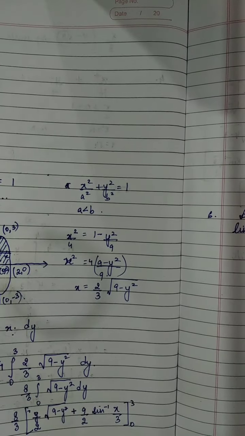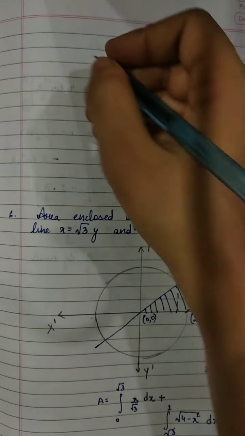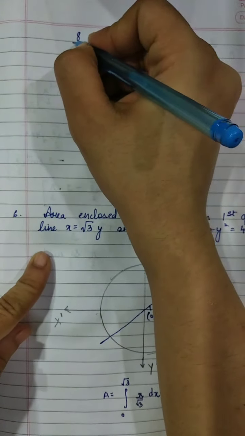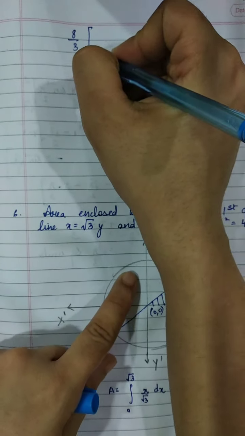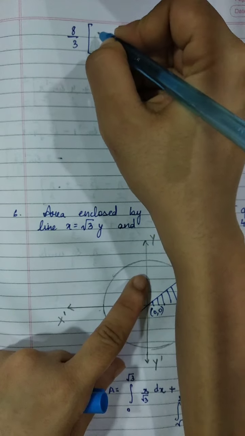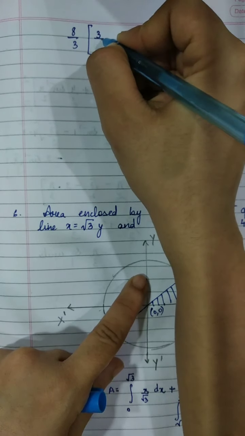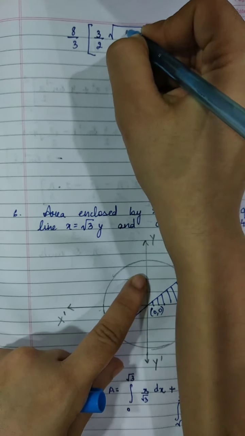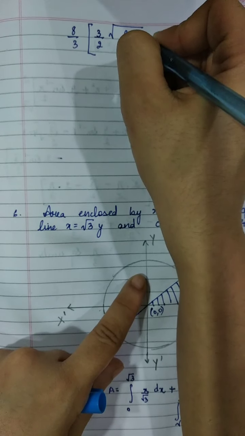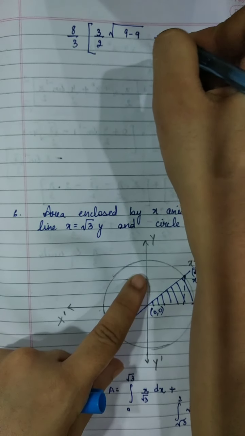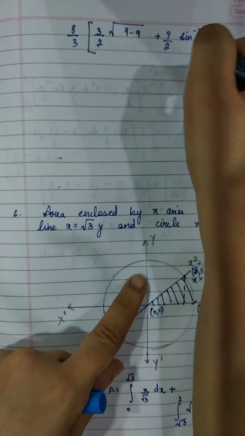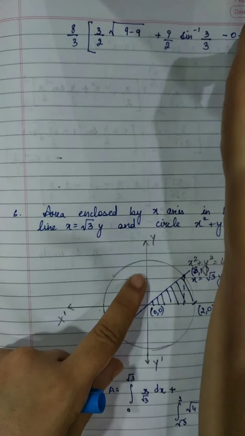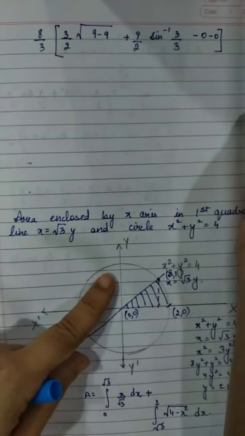If I put the values now, what do I get? Remember, simply values have to be put the way we've solved for the definite integrals. It will be 8 by 3. Instead of y by 2, I can put 3 by 2. So this is square root of 9 minus 9, plus 9 by 2 sine inverse 3 by 3, minus 0 minus 0, right?